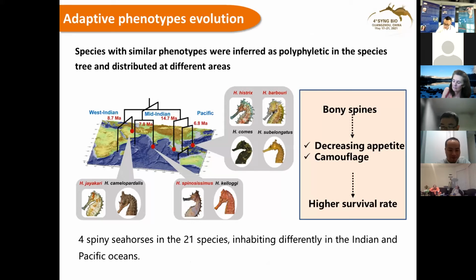And the 4 seahorse species all have these diamond bony spines, which are an effective defense against predators. But the 4 species seem to have evolved independently across the species tree.